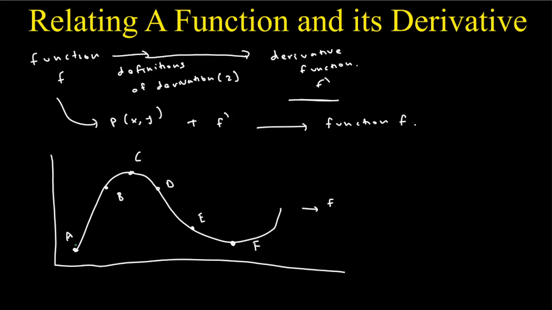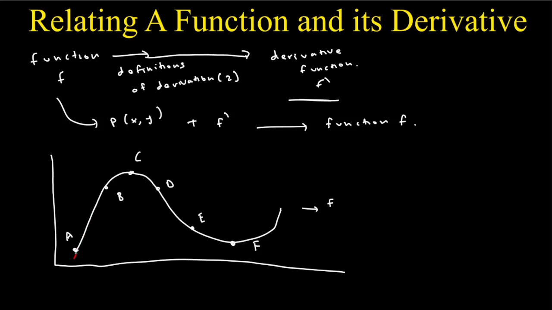What can we say about the derivative at these specific points? We're not given the equation for f, so we're just talking qualitatively: positive, negative, how much more positive, how much more negative. We can estimate what the tangent line looks like at each point.